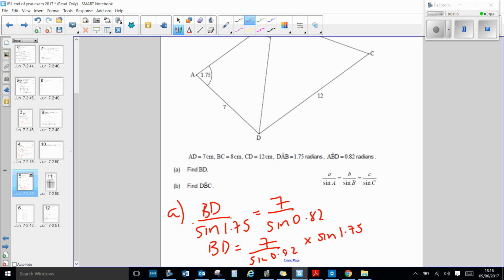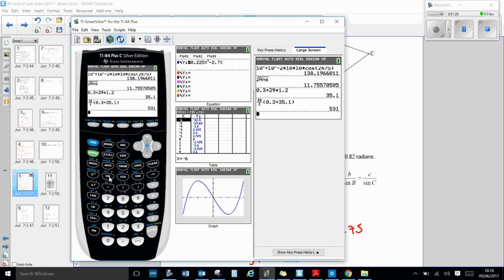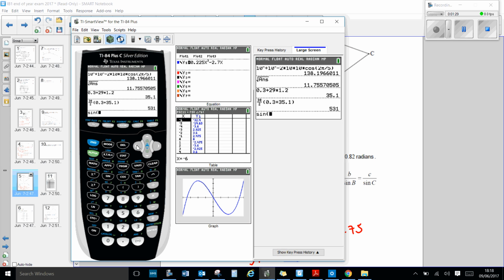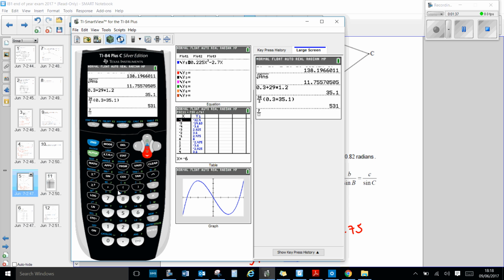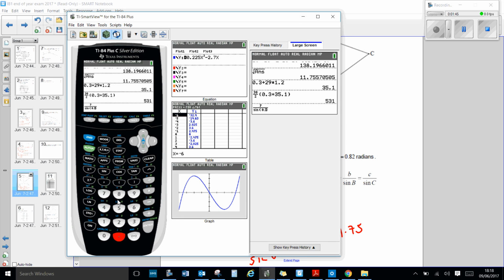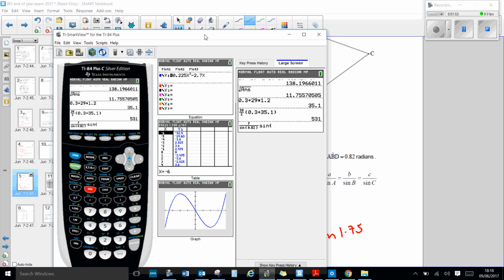Again, it's in radians, so our calculator has to be in radians mode. So 7 over sine 0.82, multiplied by sine 1.75.